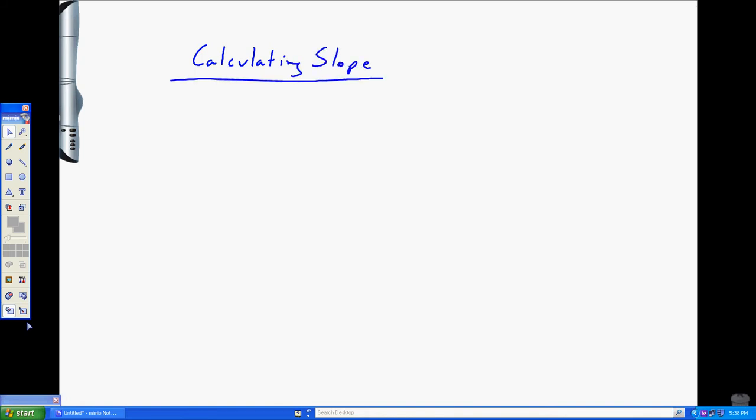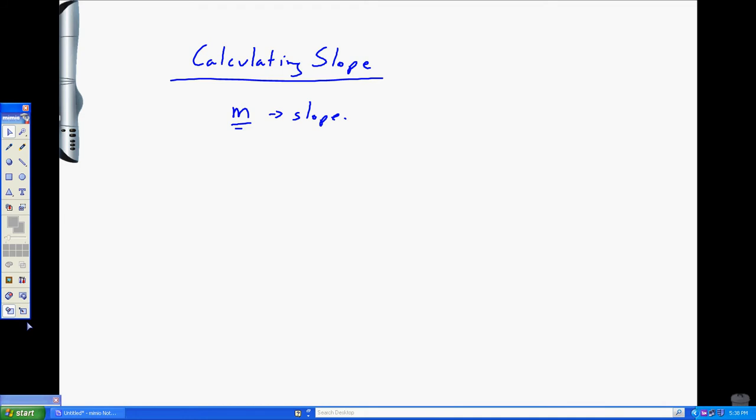Slope, first and foremost, is designated with the little letter m. That letter means slope. Don't ever forget that, because you're going to use that lots in your mathematics from here until you graduate high school. So little m represents slope. Don't ask me why. I didn't invent it. I didn't create it. That's just the way it is.